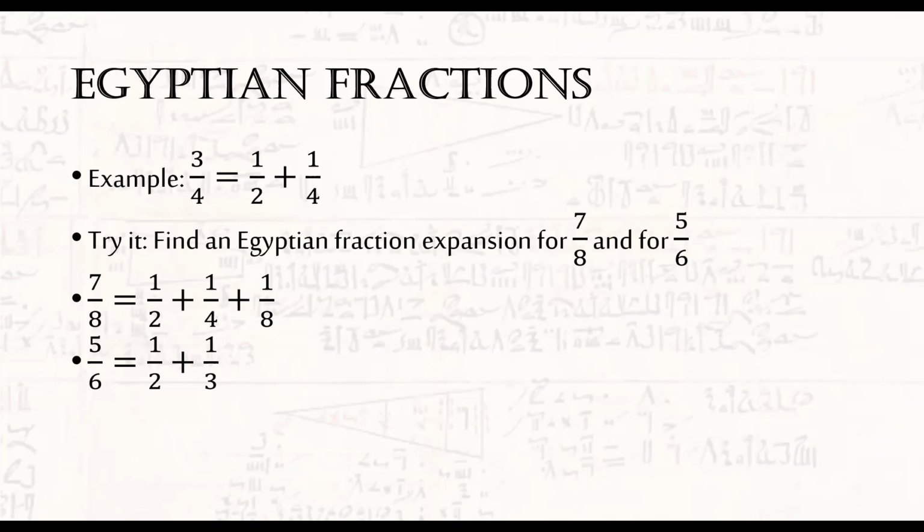When would subtraction have come in? You could subtract two divisions. So you could do 7 divided by 8 minus 5 divided by 6. And then you can subtract those component fractions. So you could do the 1/2 minus the 1/2 and they cancel each other out. But then you'd have to figure out how to do 1/4 plus 1/8 minus a third.